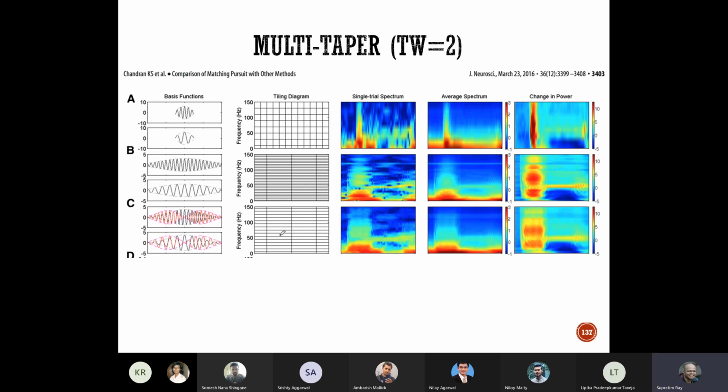So the multi-taper method is trading off resolution by increasing the size of the tile, but improving the reliability by allowing me to put more basis functions inside the tile. Does that make sense? It's a very cool interpretation from the point of view of this filter bank.